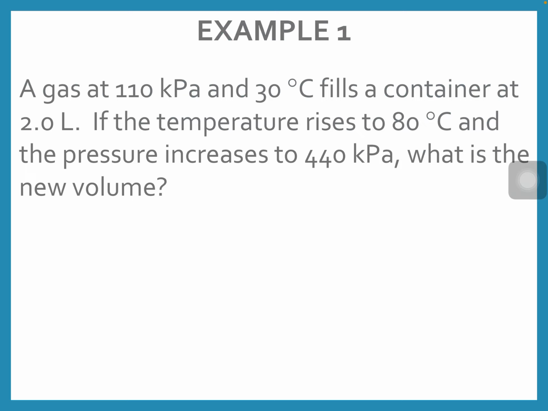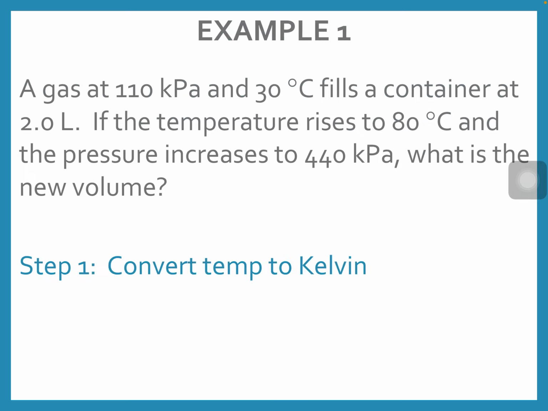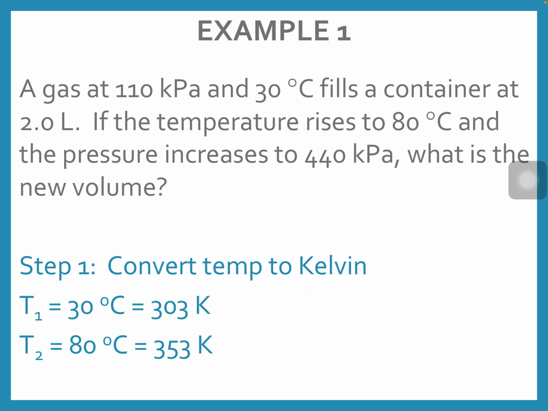Actually before we do that, we're going to do conversions to Kelvin. So our initial temperature was 30 degrees Celsius plus 273 is 303 Kelvin. Our final temperature is 80 degrees Celsius plus 273 is 353 Kelvin.